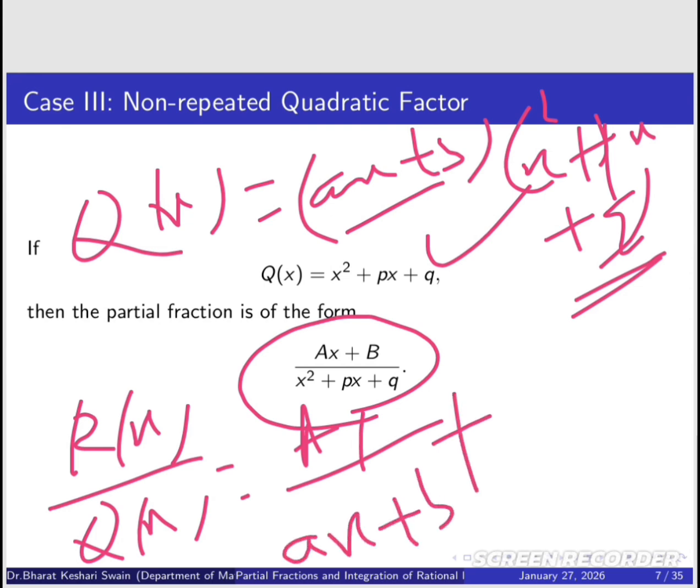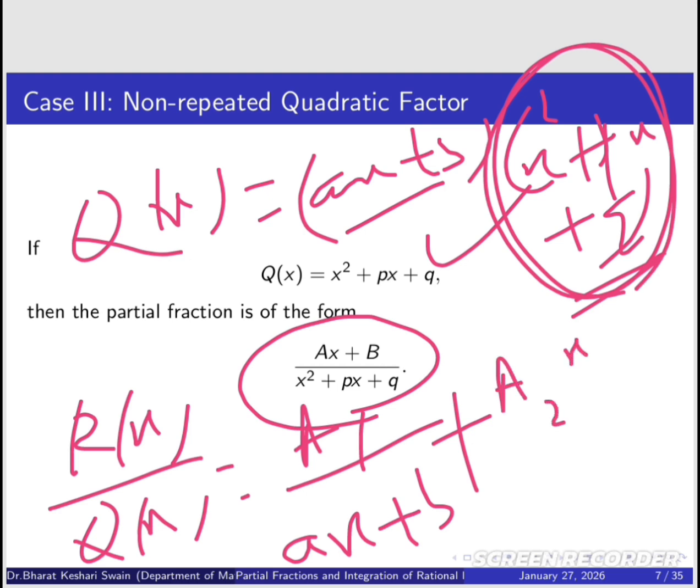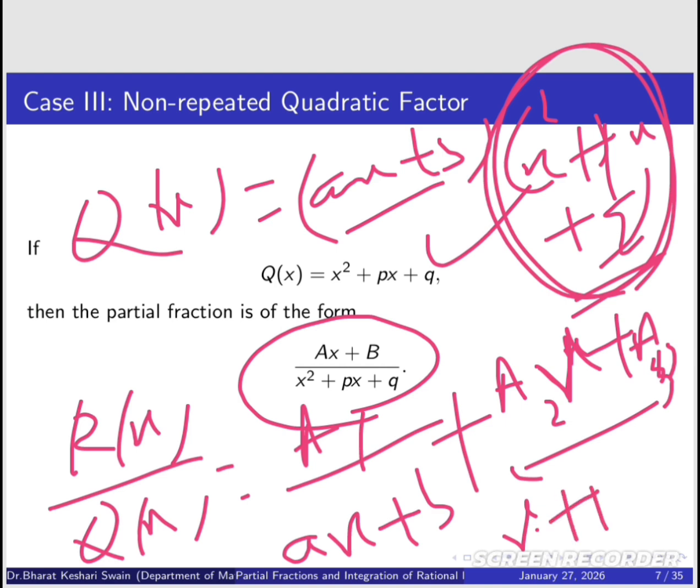Then plus, for the quadratic factor, we have to write a2x plus a3, another constant, divided by your quadratic factor x square plus px plus q.